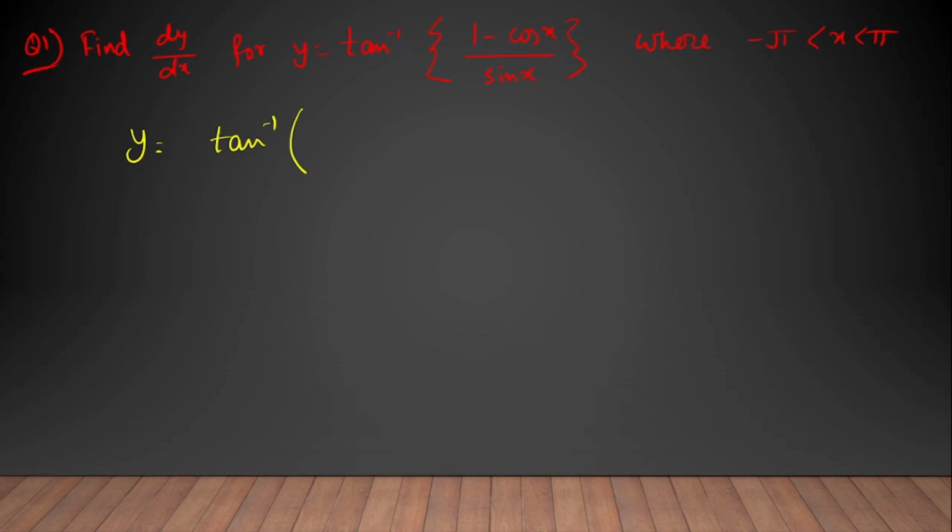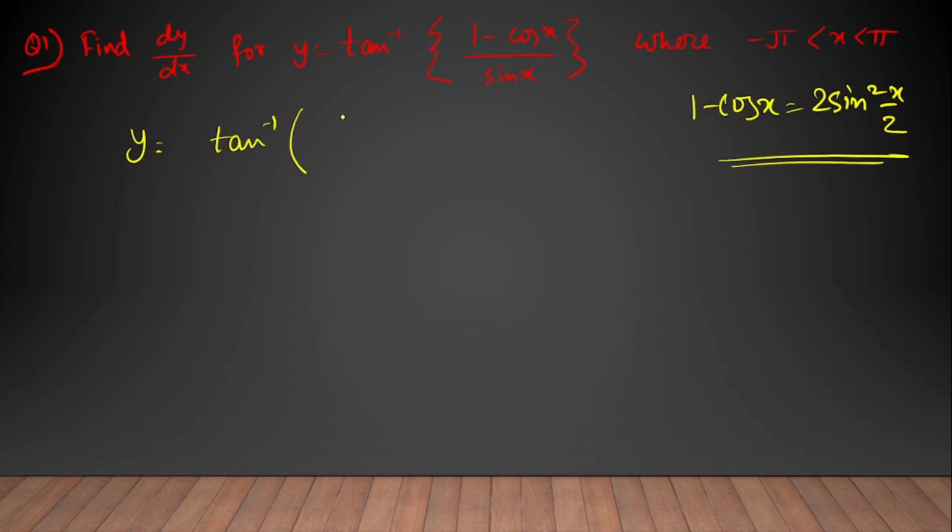See, 1 minus cos x by sin x, we can write 1 minus cos x as 2 sin square x by 2. Think over that. 1 minus cos x equals to 2 sin square x by 2. I think you should get 2.